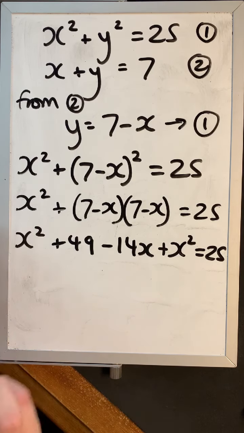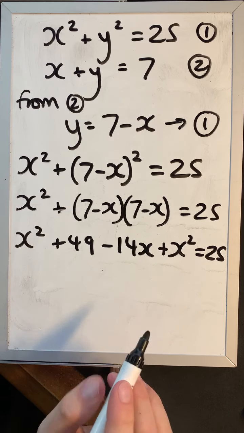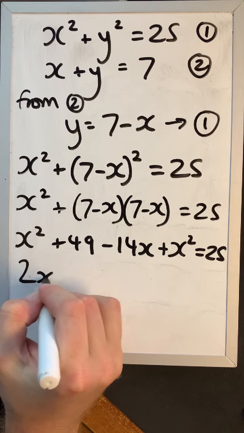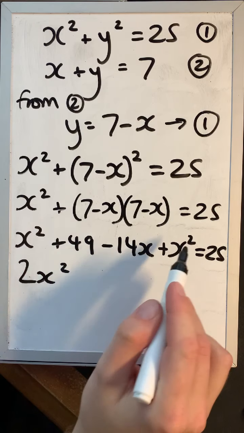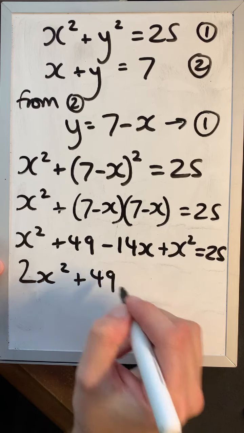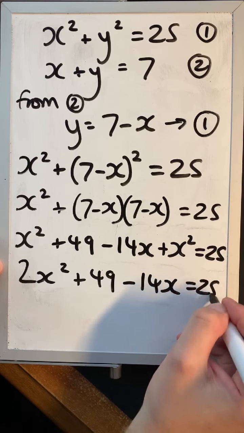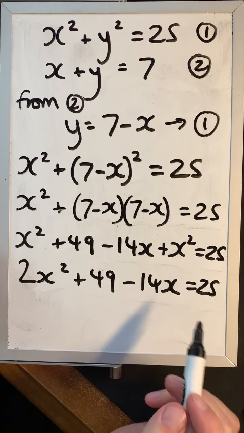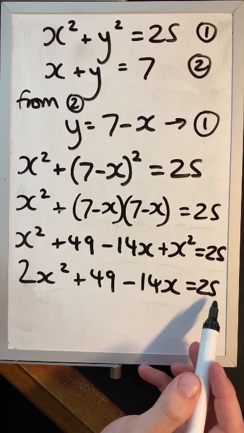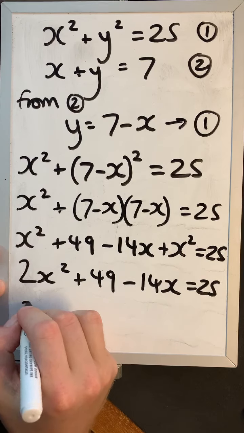Right, so let's group some of these terms together then. What we've got then is 2x squared. So we've got 2 of the x squareds here, plus 49 minus 14x is equal to 25. And let's bring this 25 to the left-hand side then to get this into quadratic form.